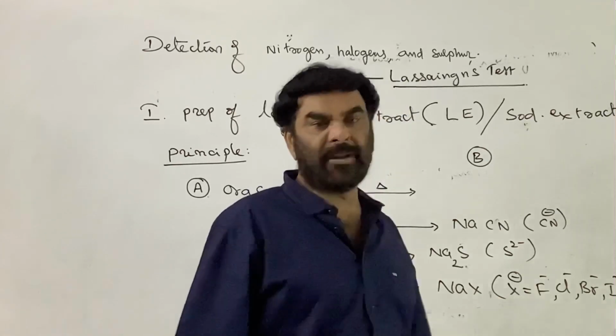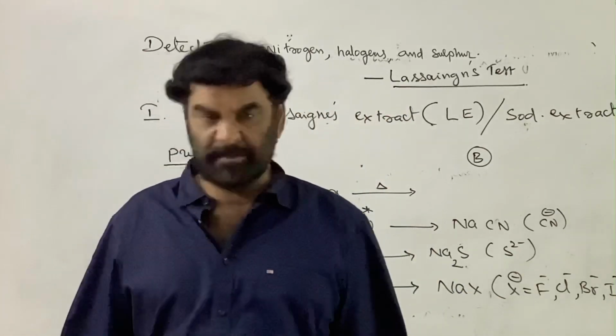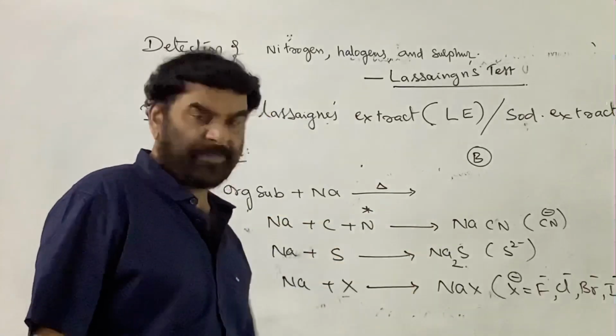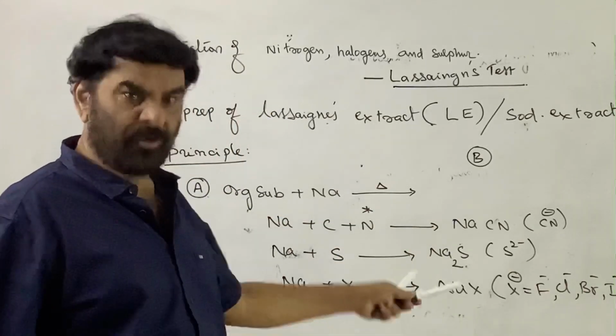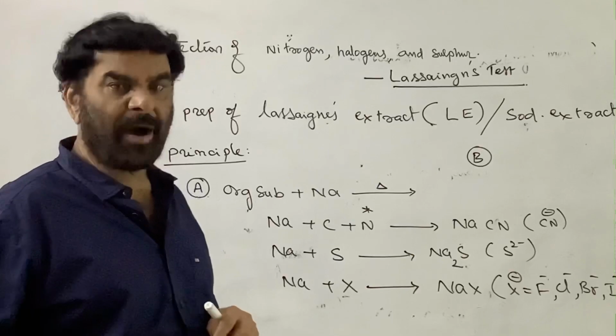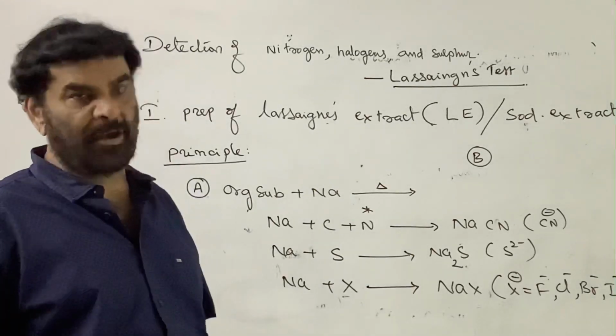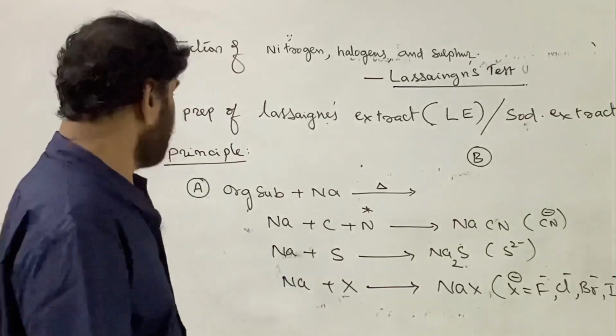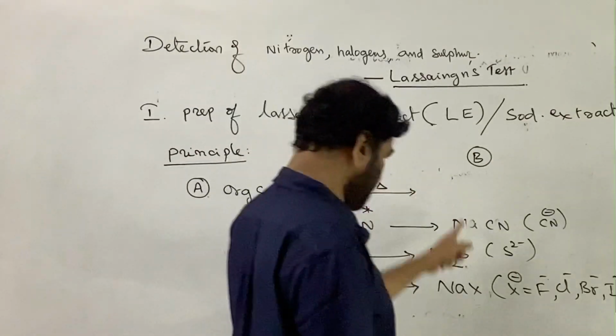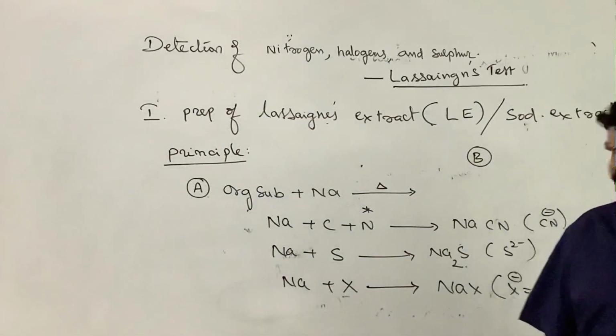For the halogens, use the appropriate procedure to identify the presence of halide ion in the Lassaigne extract. Further tests are to be carried out. So the Lassaigne extract is used; this is the procedure.